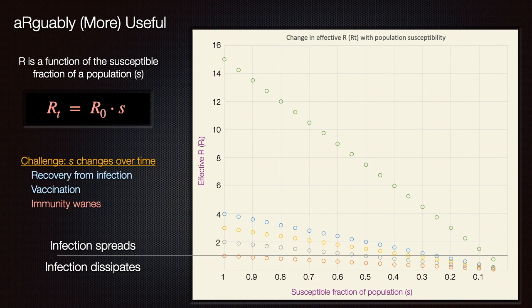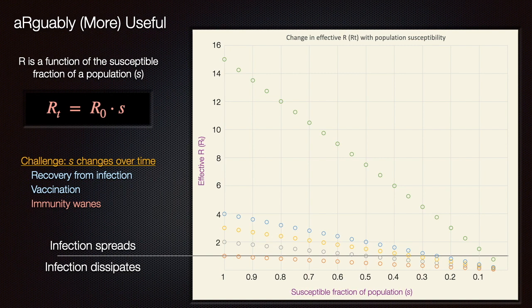The rate at which it drops depends on how quickly a population becomes less susceptible. Again, we avoid saying immune to a pathogen because it's not simply immunity that can cause a decrease in susceptibility. So one key feature of RT is that it changes with changes in your population. This is in direct contrast to R naught, which is a basic fundamental characteristic of a pathogen that does not change.